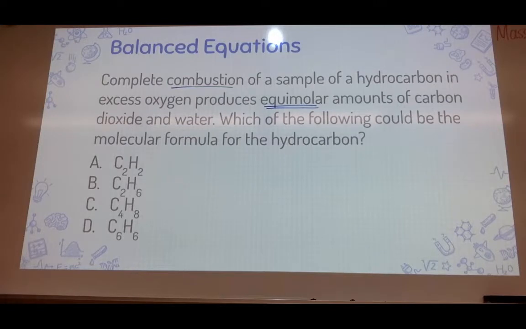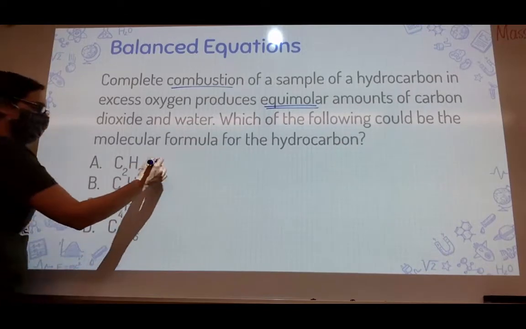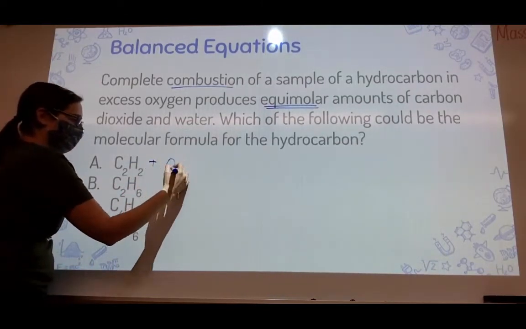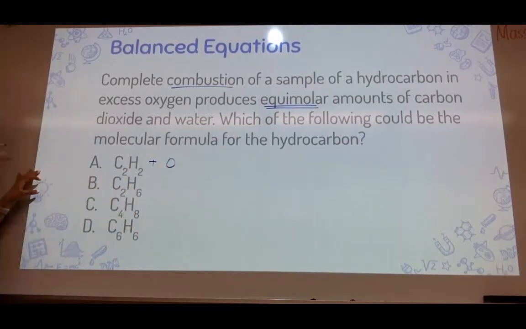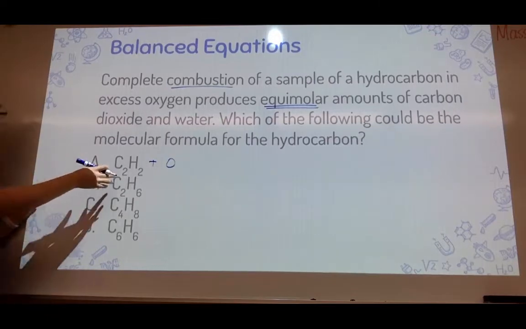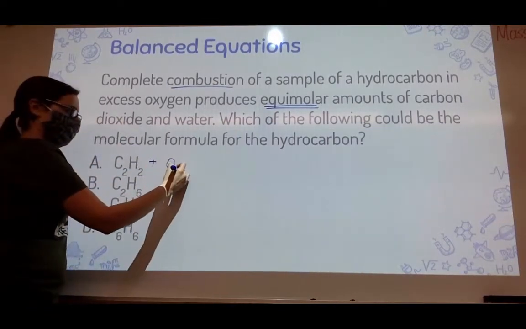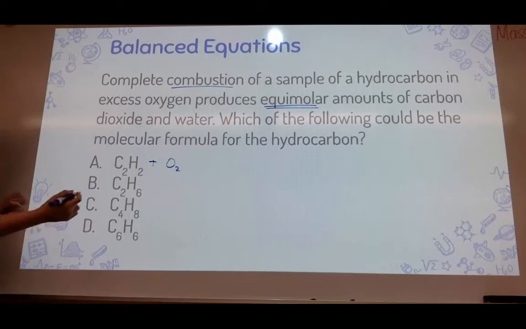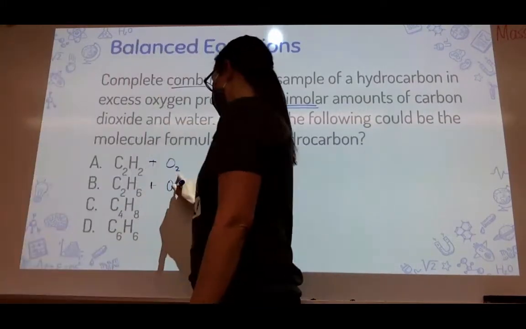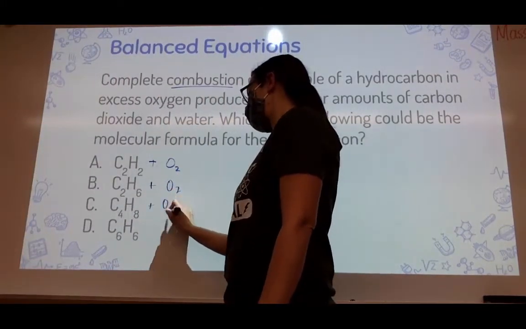Sometimes there's nothing else we can do besides try each one of the options. This says complete combustion in excess oxygen. If you remember, for a combustion reaction to occur, it's a hydrocarbon plus oxygen. Oxygen is diatomic, so it's O2. Each one of these will be plus O2.